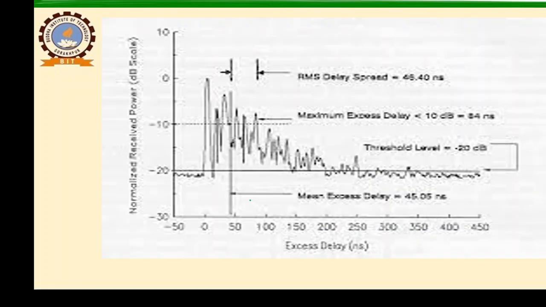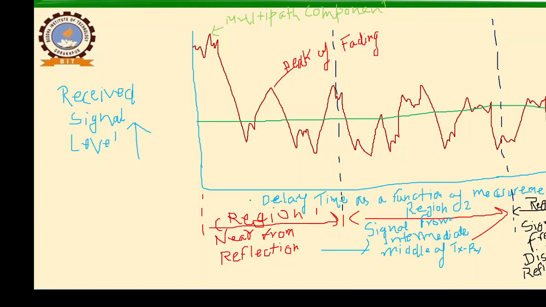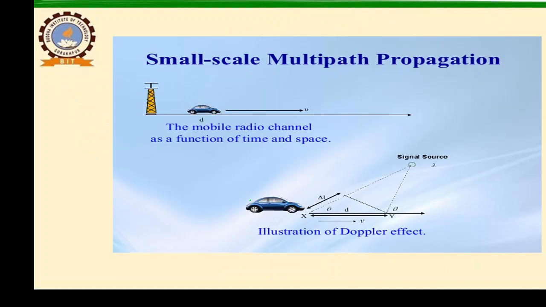So you can see the mean excess delay denoted by tau bar.